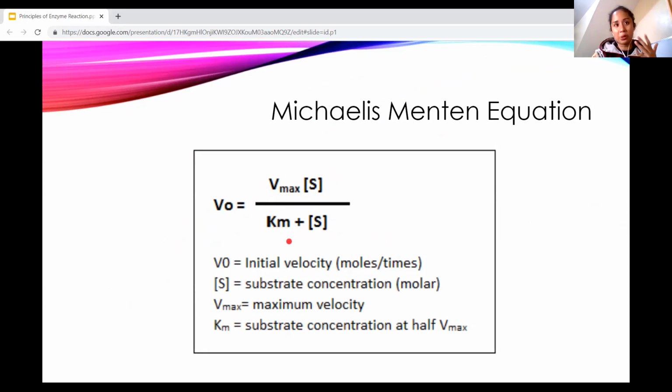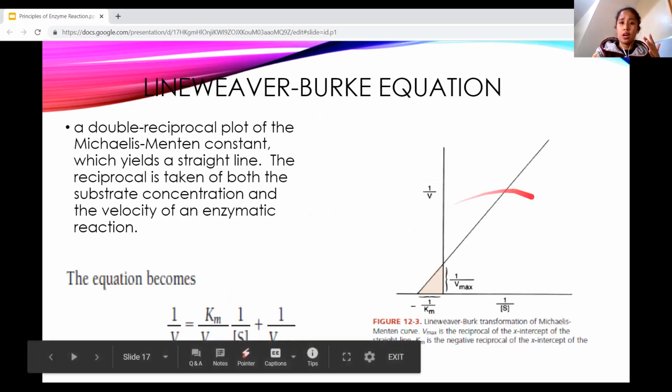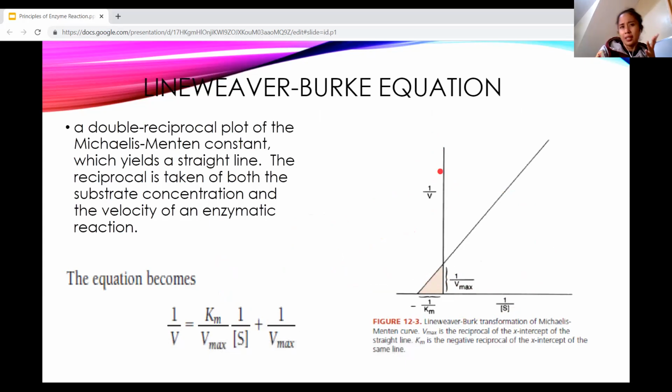I'm showing this equation because we also have the Lineweaver-Burk equation. Honestly, I have difficulty understanding the Lineweaver-Burk equation. It is harder for me to understand compared to Michaelis-Menten.